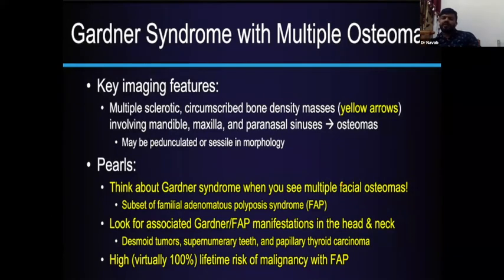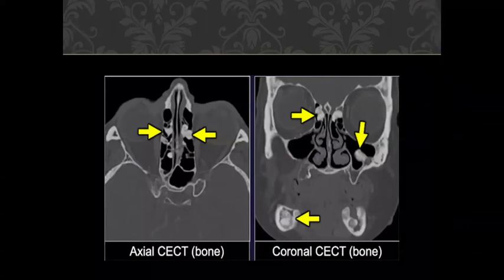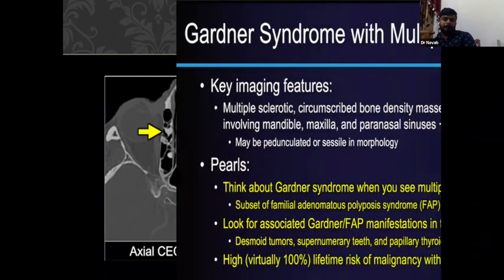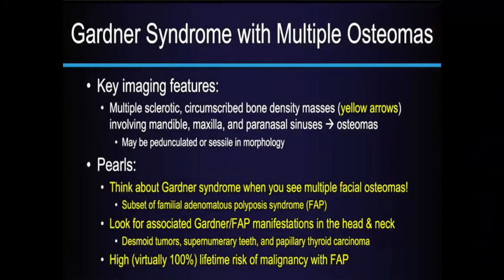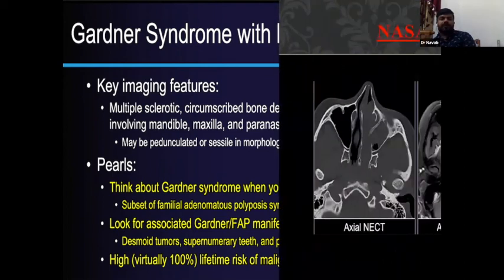What are the other features that will be there in Gardner syndrome? Desmoid tumor. Is there any association with malignancy? FAP, okay, familial adenomatous polyposis. Other manifestations are desmoid tumor, and papillary thyroid carcinoma, with high risk for this.